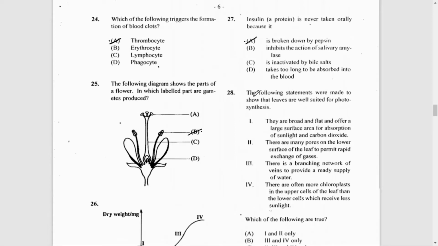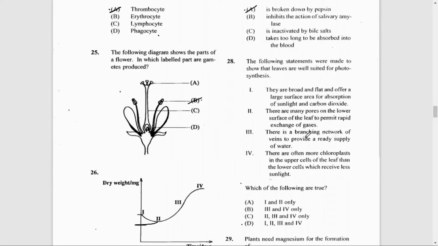Good. Number 28. The following statements were made to show that leaves are well suited for photosynthesis. So 1, they are broad and flat and offer a large surface area for absorption of sunlight and carbon dioxide. 2, there are many pores on the lower surface of the leaf to permit rapid exchange of gases. 3, there is a branching network of veins to provide a ready supply of water.